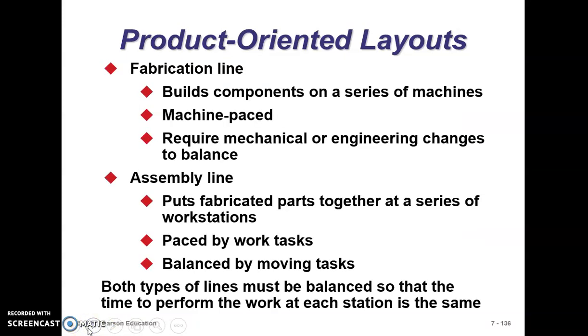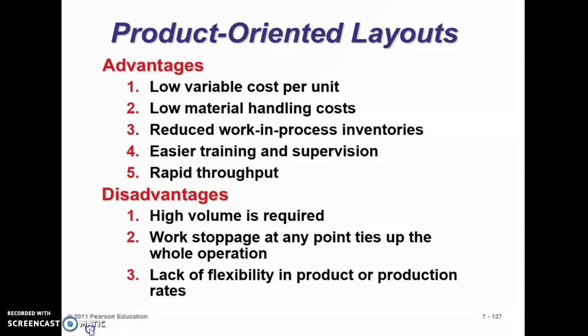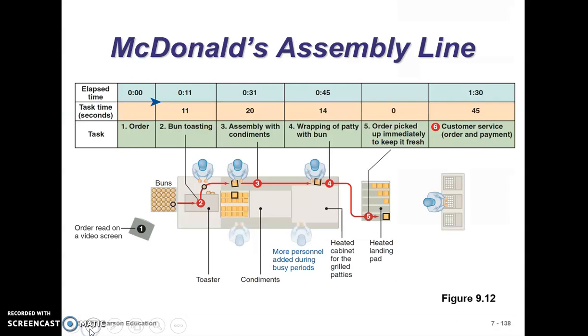Okay, so normally we use it for fabrication line, assembly line, for example, automobile, the fast food restaurant, that is assembly line. Fabrication is more on building the components on a series of machines, that is fabric. You do the fabricate, the material fabrications. Okay, please do your own reading on that.